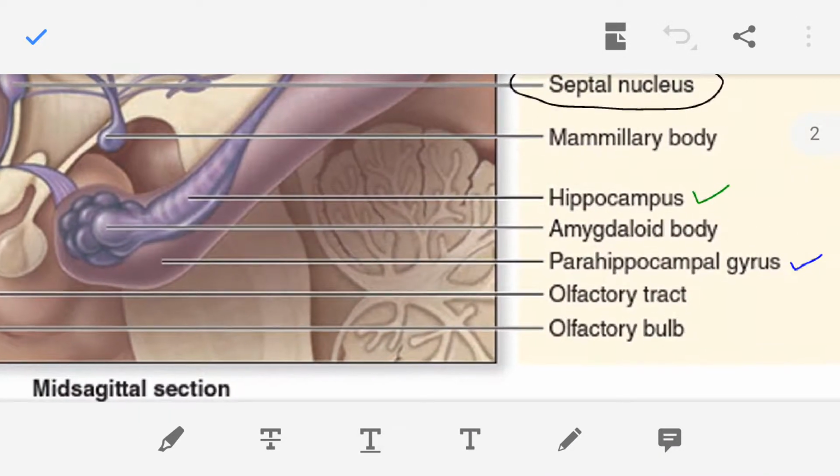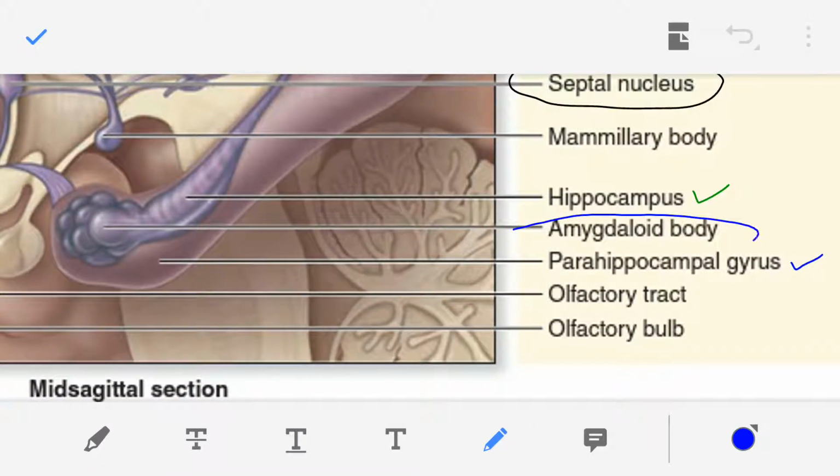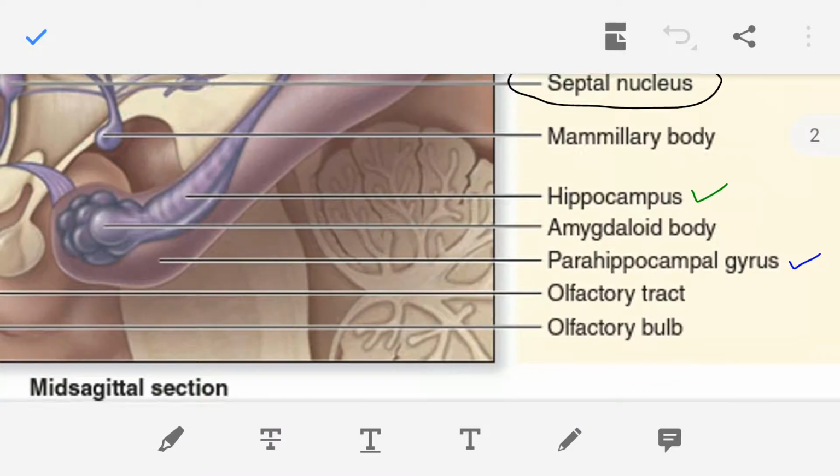See in this figure, this part, amygdaloid body.